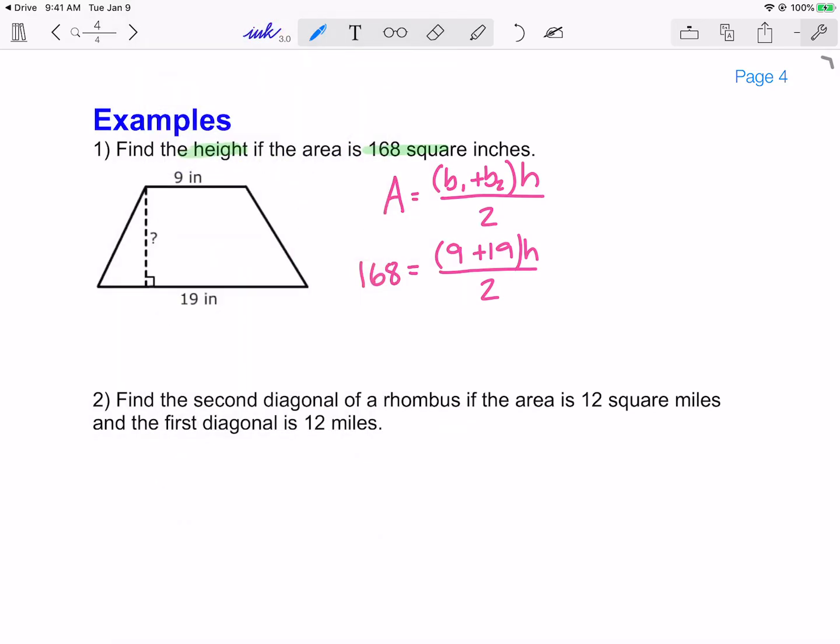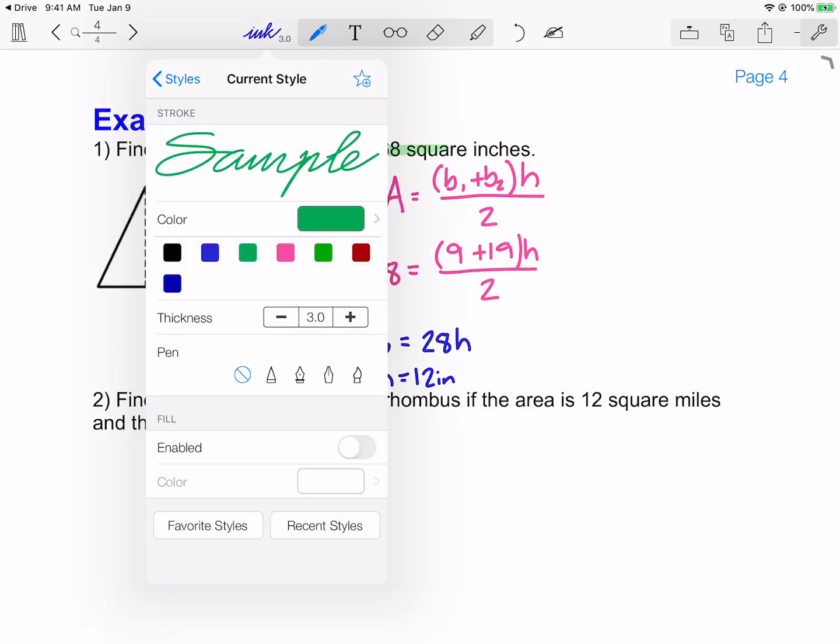If I multiply both sides by 2, I get 336 equals 9 plus 19, which is 28, times h. Okay, now if I divide both sides by 28, I get h equals 12 inches. Now some of you might work this problem a little bit differently.